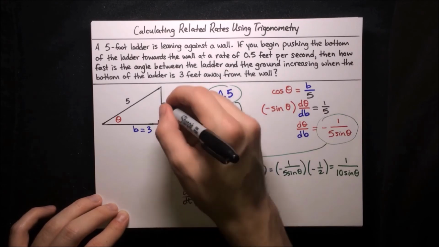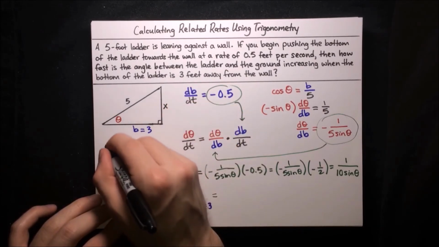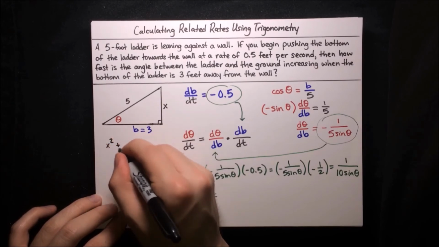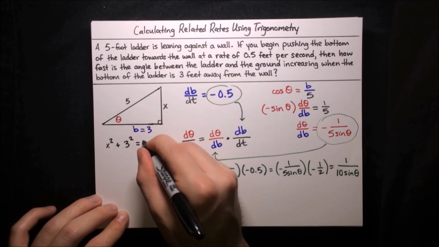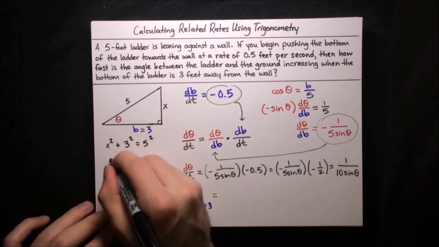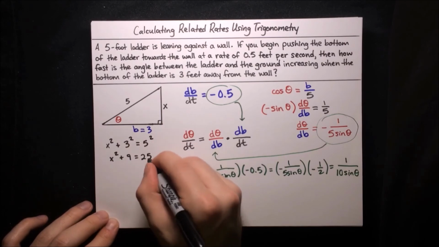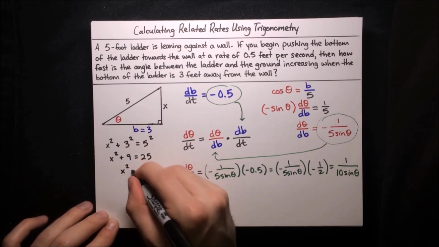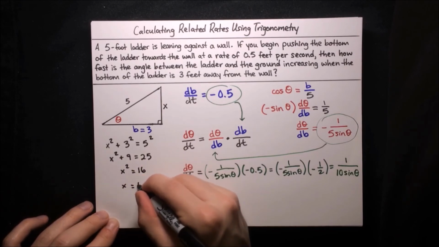Why don't we just call this side x, and then we'll solve for what it is. So we have that x squared plus the base, which is 3 squared, equals the hypotenuse, which is 5 squared. So x squared plus 9 equals 25, which means x squared equals 16, which means x is the square root of 16, which is 4.